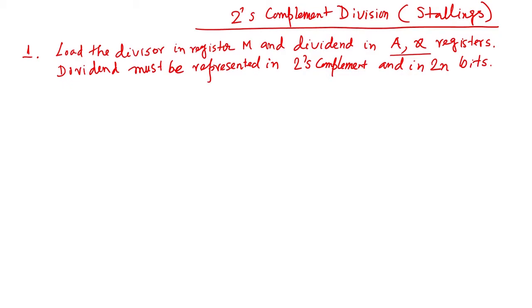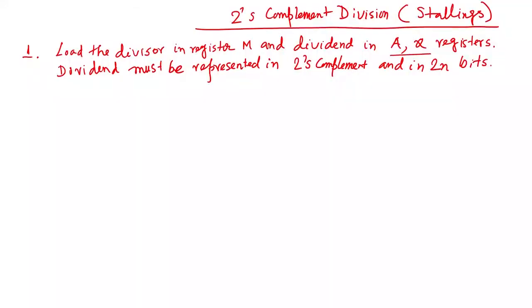So, if divisor and dividend are n bits, it should be represented in 2n bits. Okay. So, that means A and Q both have n and n bits.